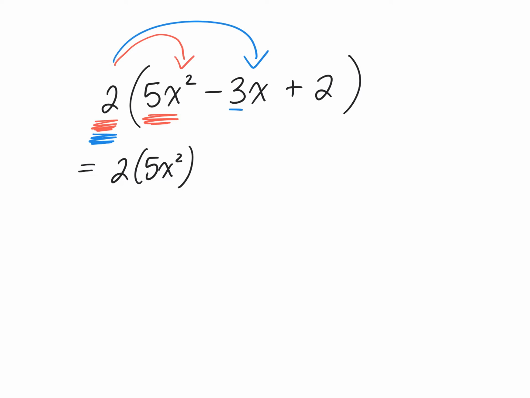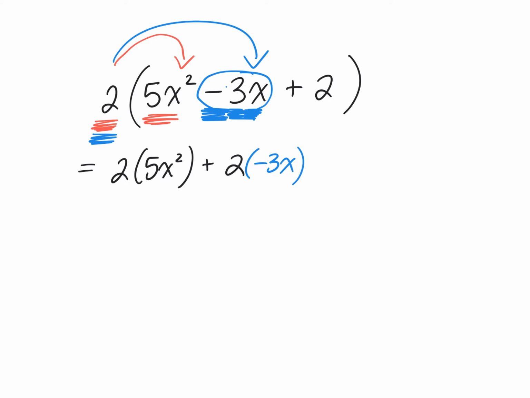Is that correct? Somebody said 3x. Is that correct? What is in front of the 3x? You have to include the sign. It's all of this. So I'm taking the 2, and I'm multiplying it by negative 3x. You have to include the sign, okay?